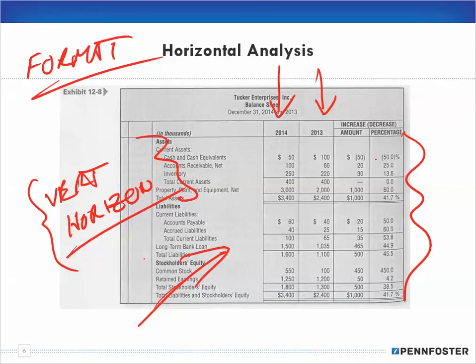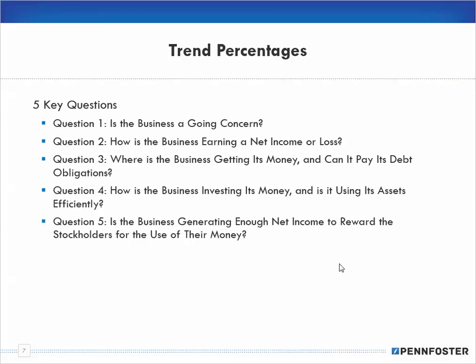Once you've created the format and filled in all of this information, that's going to lead us into the next video, which is on trend percentages. So I'm going to stop here, and we'll move on to the next video to actually see what we're doing when we're analyzing that particular information.